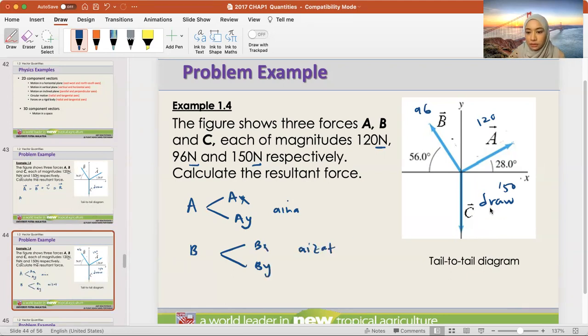And who else? Anik lah, Anik to find the CX and the CY component. Okay, ada tak siapa-siapa nama B kat sini? Oh ada, Batrisha. Okay, Batrisha, you are lucky today. So you have to find out what is RX.